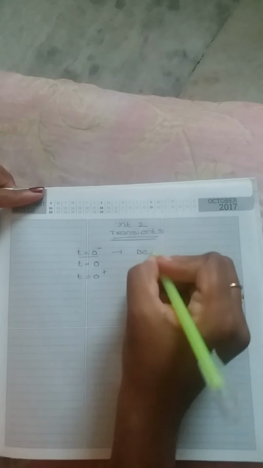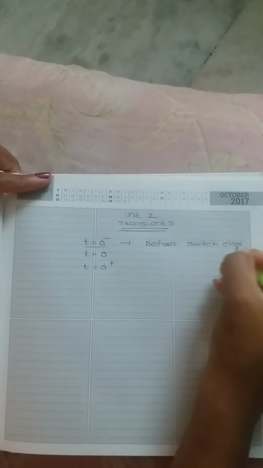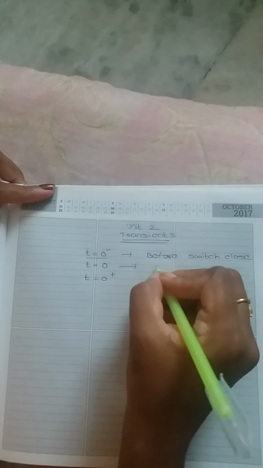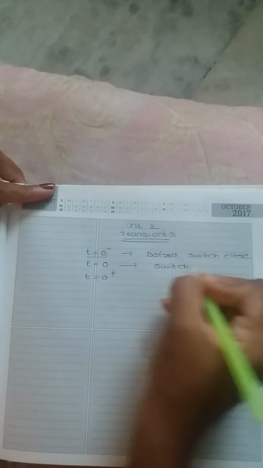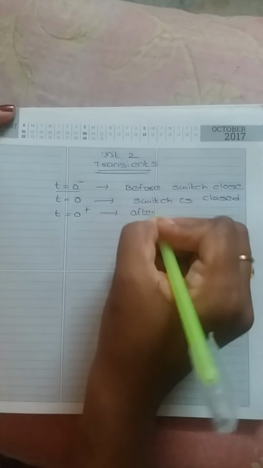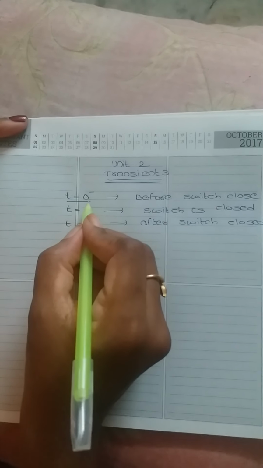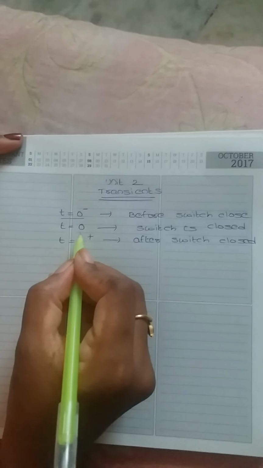Here t equal to 0 minus is before the switch closes. t equal to 0 is when the switch is closed, and t equal to 0 plus means after the switch is closed. These are the major conditions. Now we will see the inductor behavior.